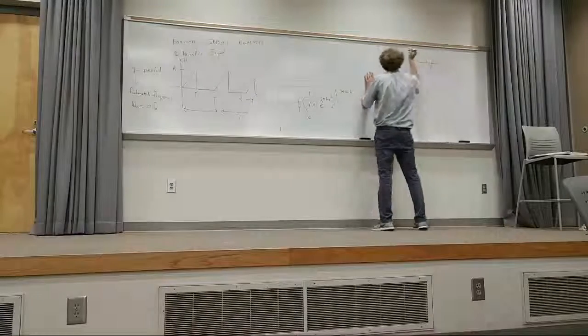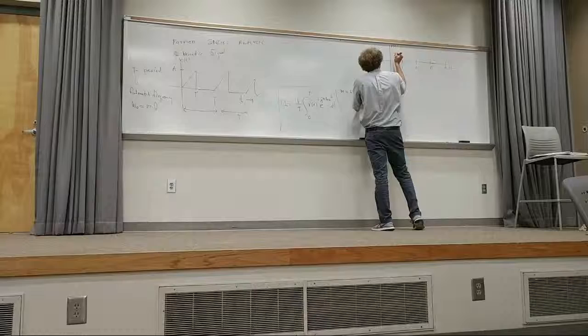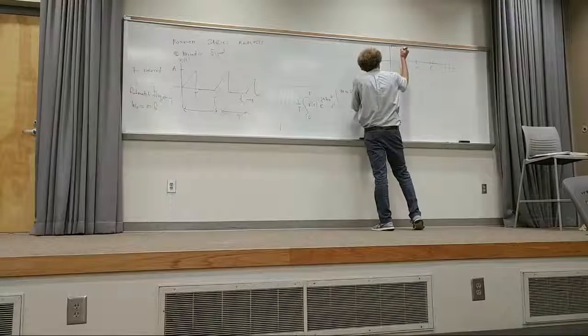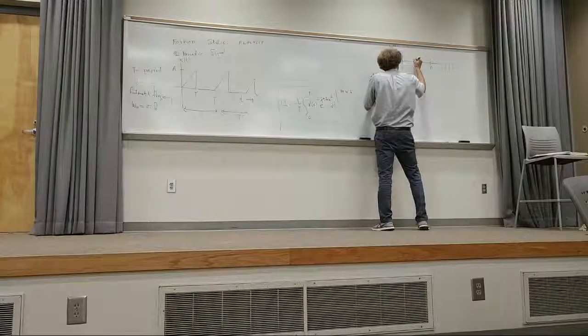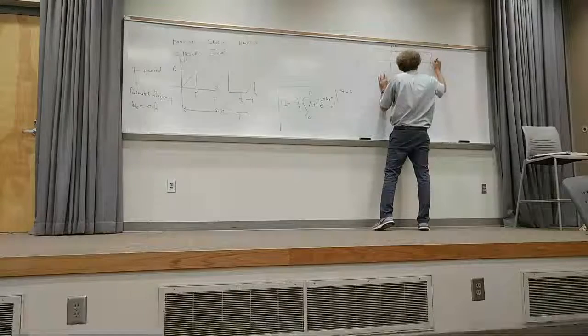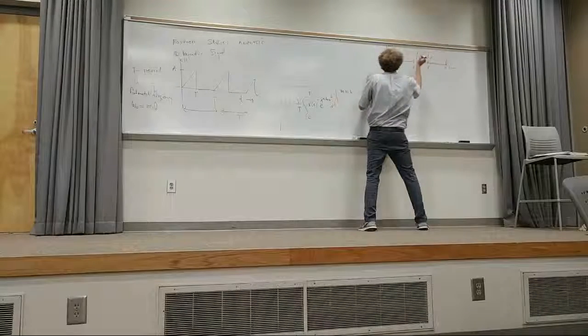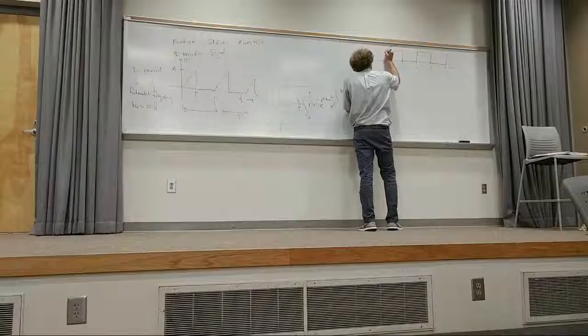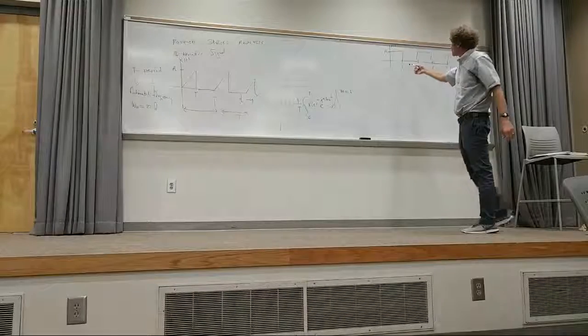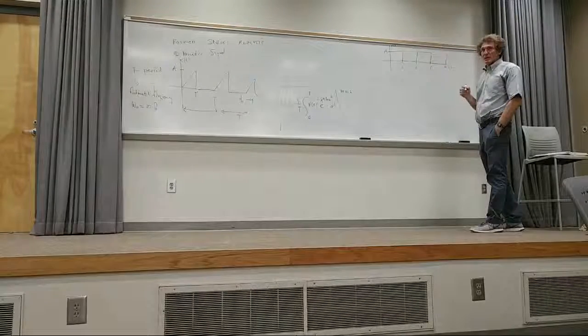This is t, and this is my x of t. It's a square wave. It just repeats itself forever. Make this height A. I on purpose chose these values.